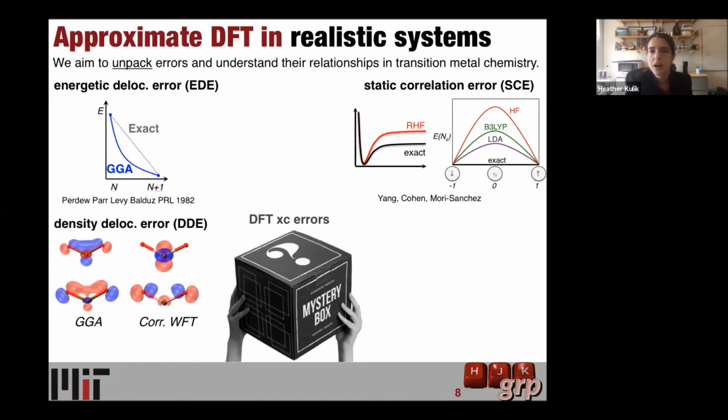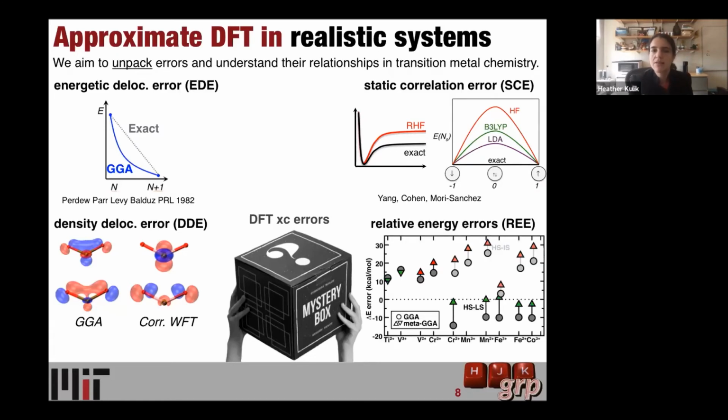If we localize electrons too much, things like Hartree-Fock can actually unphysically penalize breaking of bonds, and that's why we never use Hartree-Fock to study metals. Finally, if we were to eliminate density errors, energetic delocalization error, and static correlation error, and we're still left with errors with respect to experiment, I just call those relative energy errors. So what errors remain when we've corrected all of these fundamental errors with respect to matching experiment?